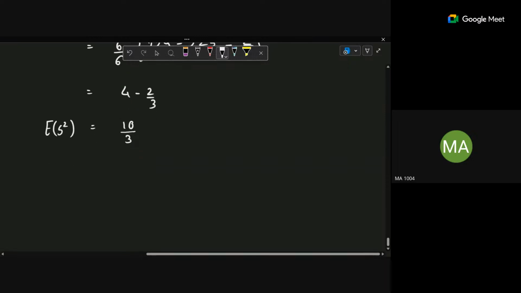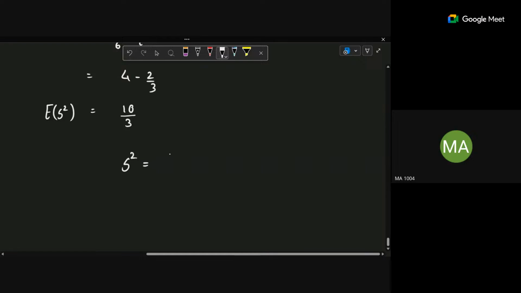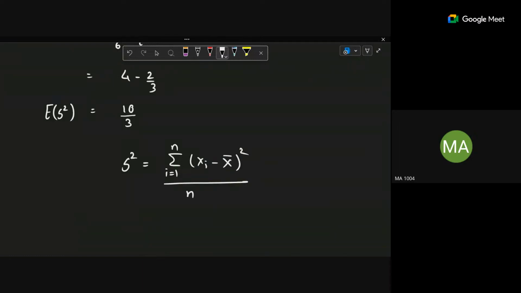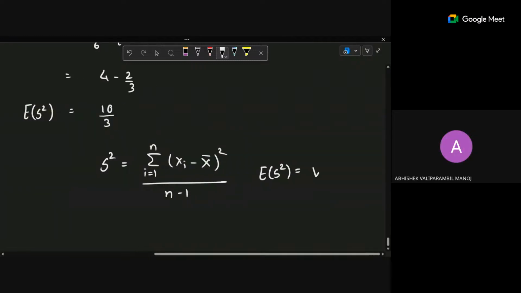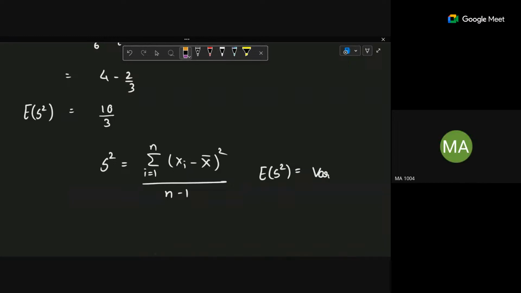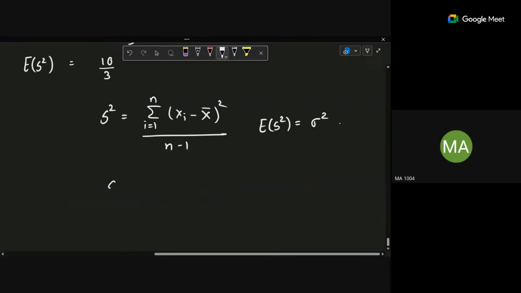So the difference is whenever your S square is given to you as summation i equal to 1 to n of xi minus x bar the whole square divided by n minus 1, at that time your expectation of S square is sigma square, the variance of x. But whenever your S square is given in any other form, you have to go with the manual calculation only.